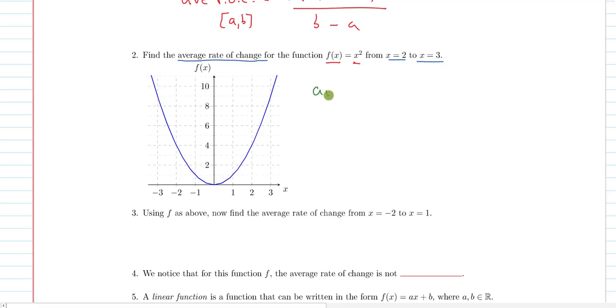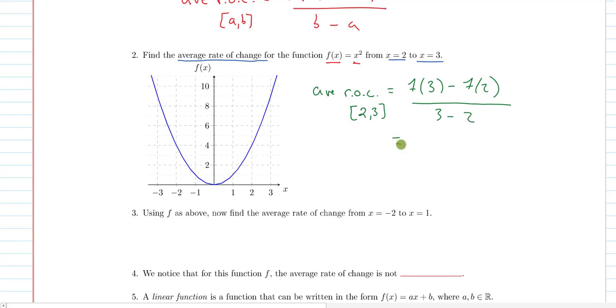So the average rate of change on the interval from 2 to 3 is given by f of 3, the second value, minus f of 2, that's the change in the y values here, all divided by the change in the x values.